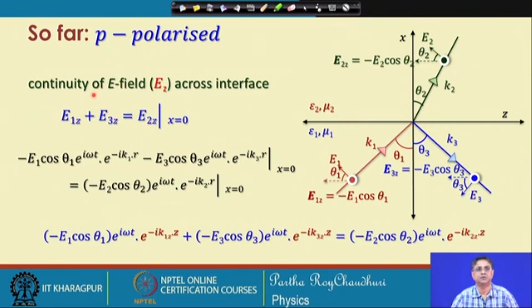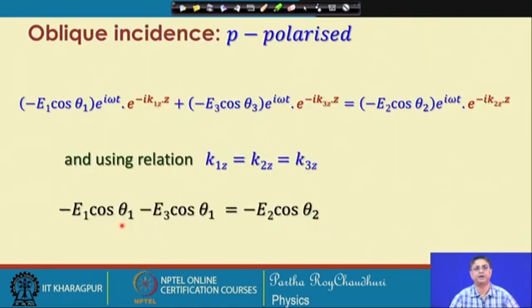If we use the condition that e to the power of i omega t is the same in all of them, then we can write down the same old expression which we have seen earlier. In this form, we will remove this e to the power of i omega t.